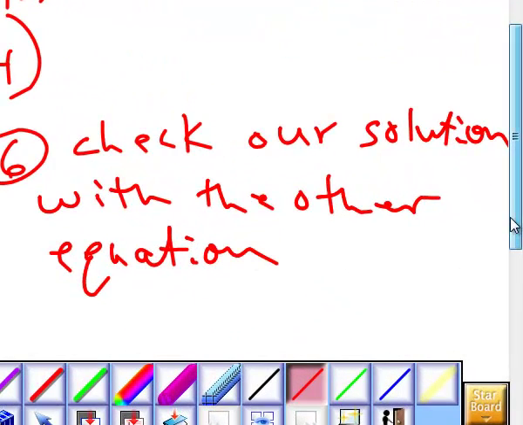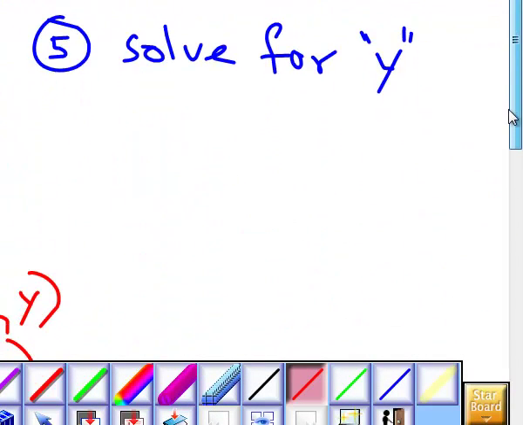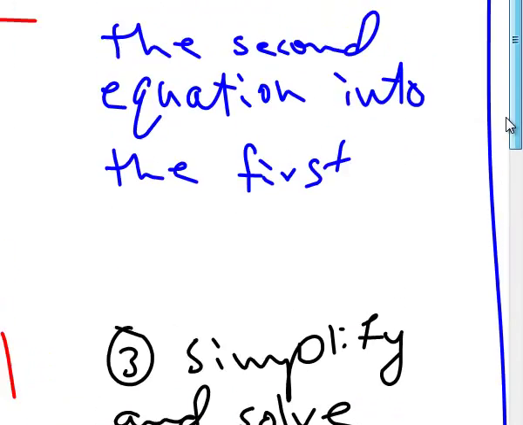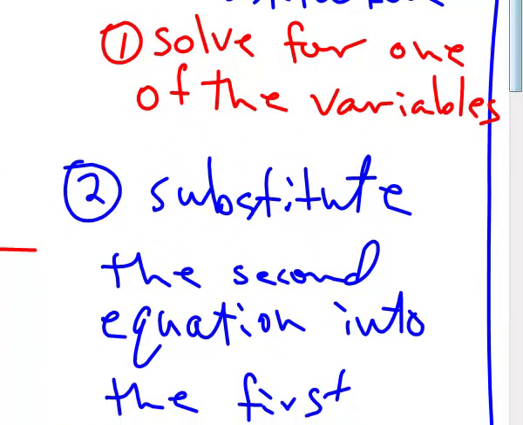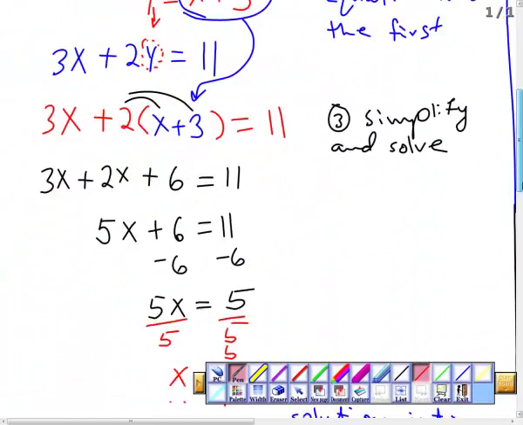In other words, since we used the second equation to find y, we don't want to use that same equation to check it. Since we found y with the second equation, you want to go ahead and check it with the other equation. In this case it would be the first equation. So we're going to use 3x plus 2y equals 11 as a check.